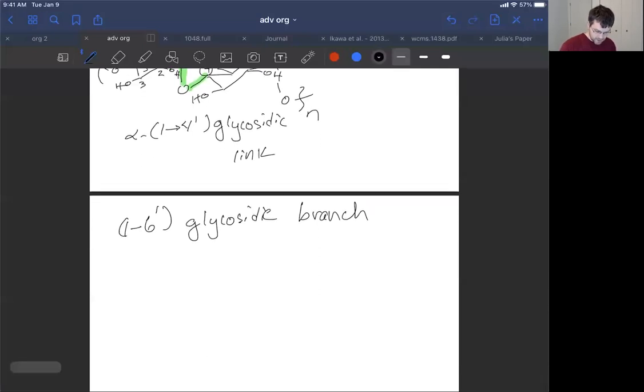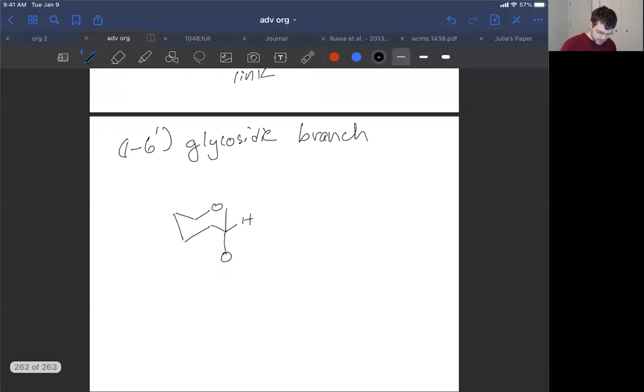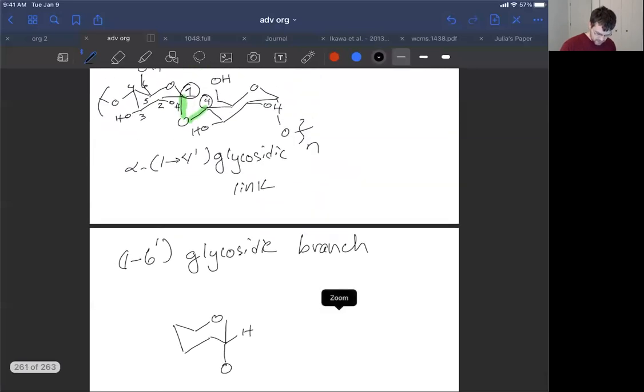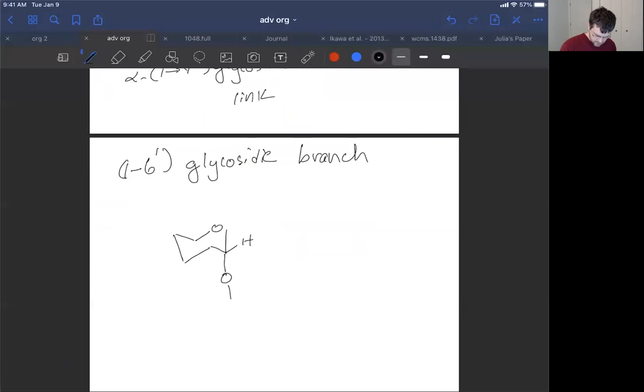So what we're going to do is consider our chair structure, but now the 1 position, which is shown slanted downward, we'll have the alpha version. That's now connected to a CH2. Let's see, how do I typically draw this? To a CH2 of the second chain.